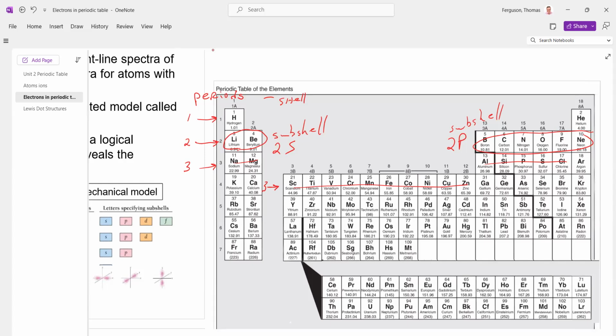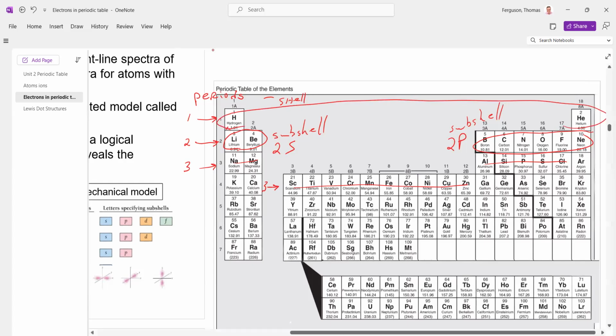Now, for period 1 or shell 1, it only has an S. And this is also S over here.